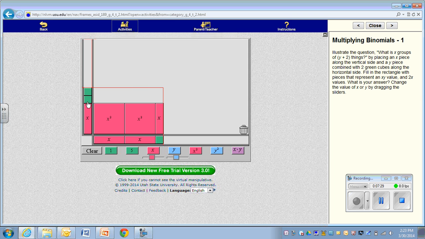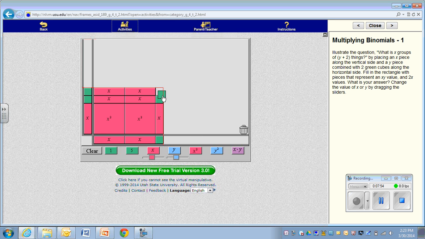Now up here I have 2, and I'm multiplying that by x, which means I need 2 x's here. Then 2 times another x, that's another 2 x's. Now I just have this little tiny space left. That's 2 times 1. 2 times 1 is 2.